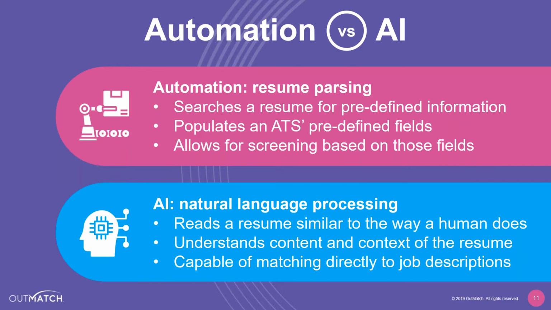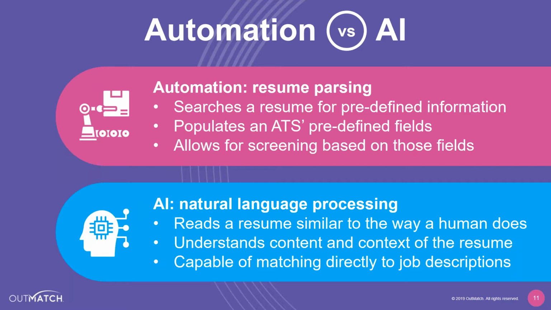One really good example is the way that resumes can get treated. I'm sure the majority of you that are using an ATS, it probably has some form of resume parsing technology built into it. And what that resume parsing is doing, that's really automation.